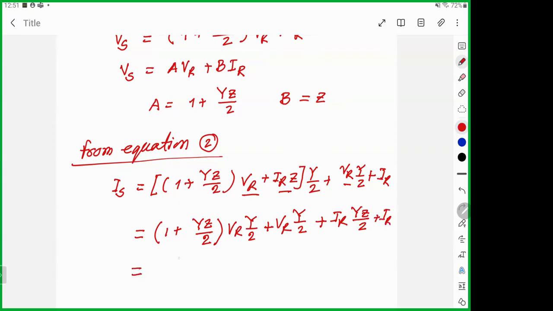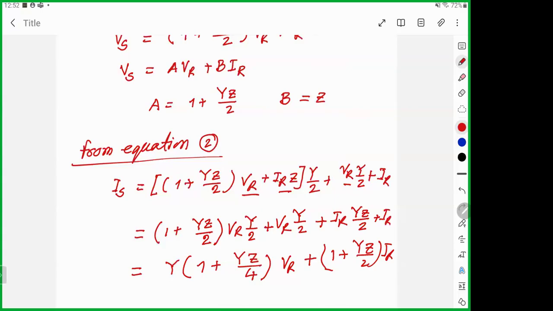Then we can bring this Y, and this half would be equal to 1 plus YZ by 4 times VR, plus 1 plus YZ by 2 times IR.